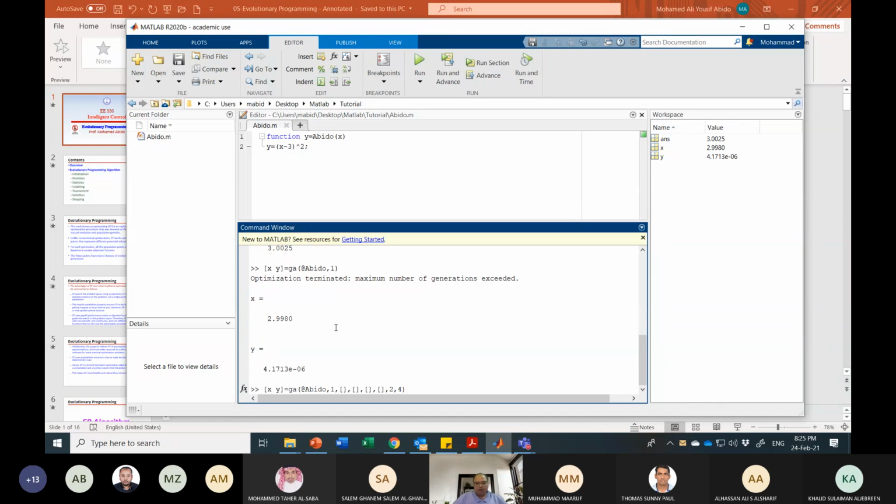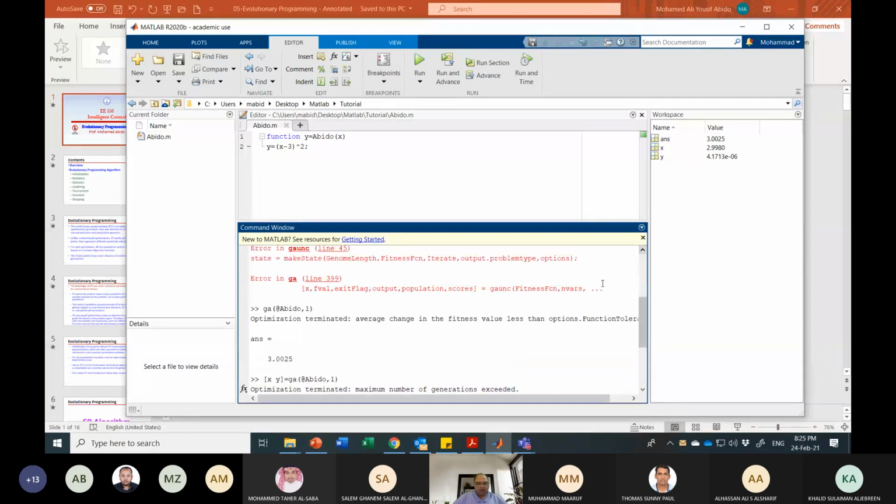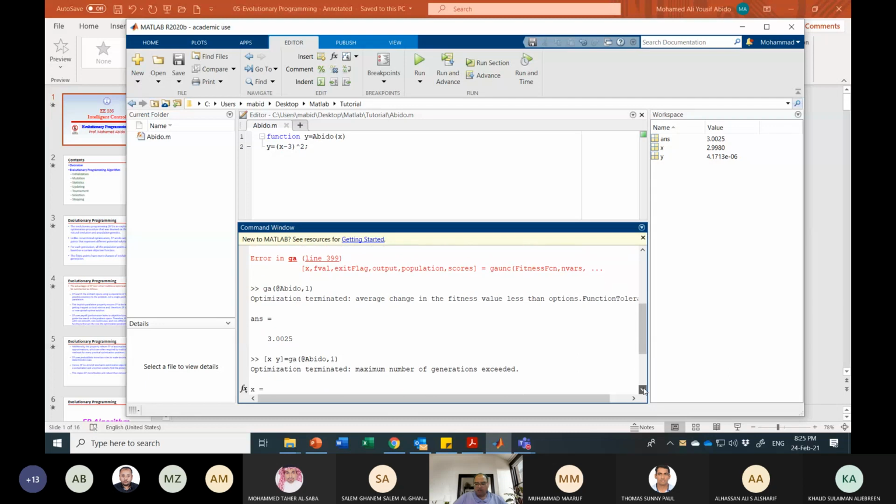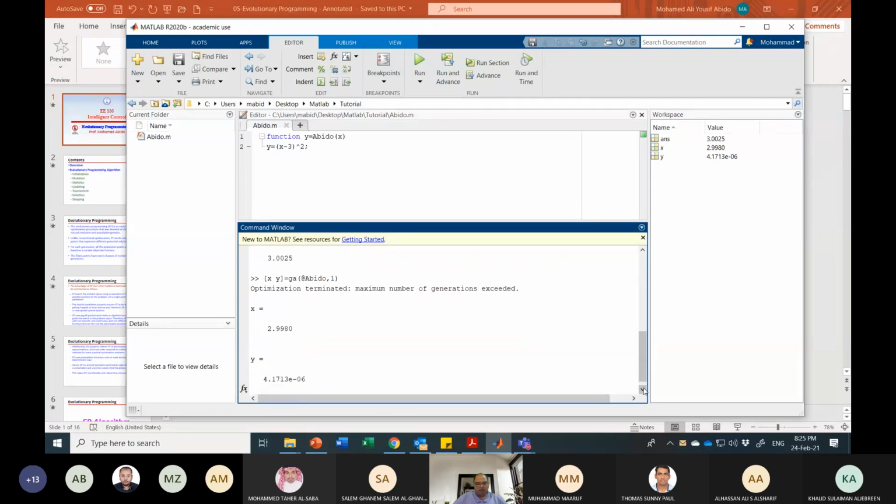But if you can see here, the solution here is 3.0025. When we run the genetic algorithm again, it gives us another solution, 2.99. Of course, because everything is random, you create another sequence of random solutions, and this is why we have this.